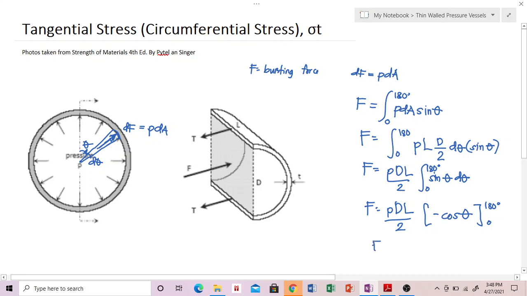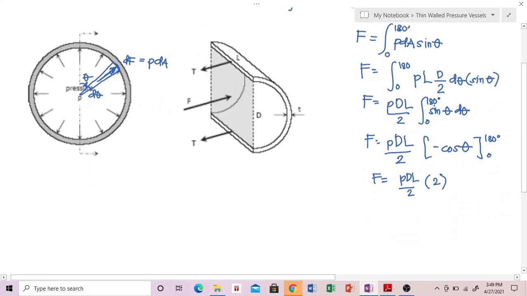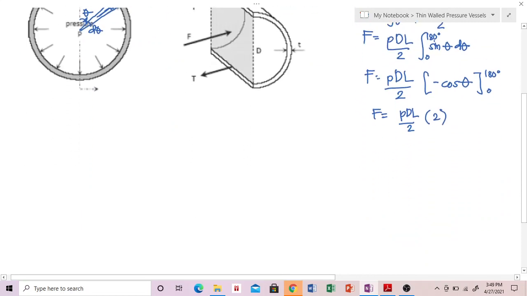So, that will be equal to F is equal to PDL over 2 multiplied by 2. Kasi yung quantity na yan, that is equivalent to 2. Okay? Okay, next. Cancel out na yung 2.